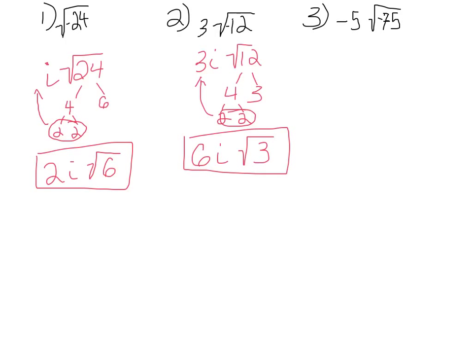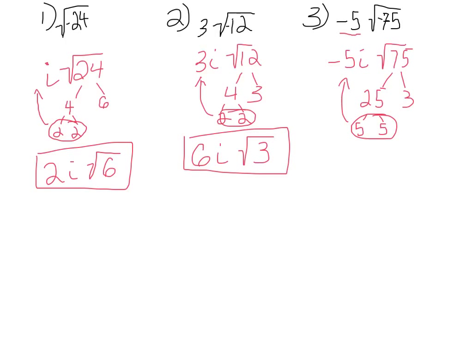Let's work through number 3 together. Here you'll notice that number 3 is very similar to number 2, where we have a coefficient outside of the radical. So whatever you can take out of the radical, you can combine with the negative 5. And the first thing you should notice that we should take out is the i, which will replace the square root of the negative number.